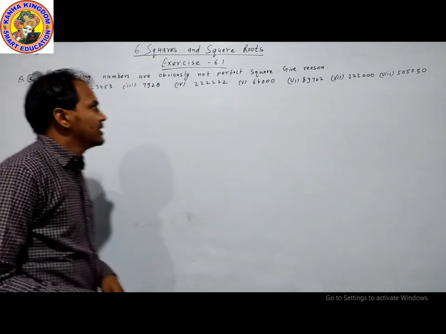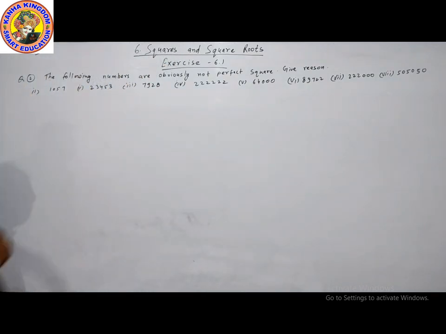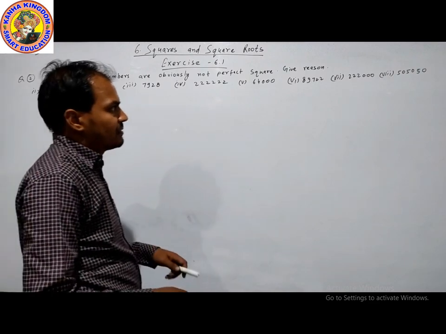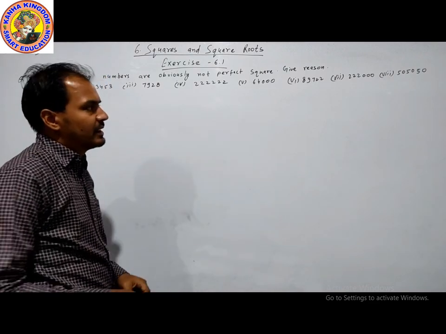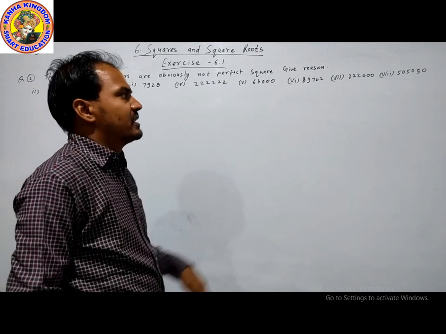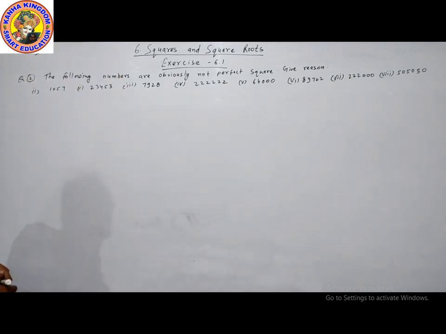Now our next question is question number 2. The following numbers are obviously not perfect squares. Give the reason why these are not square numbers.